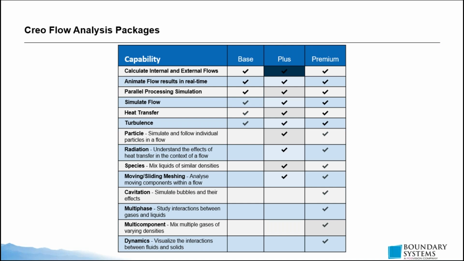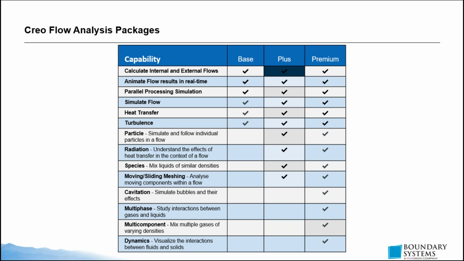A lot of customers looking for the plus are typically doing things with turbo machinery, so maybe pumps, or things where there's some rotation or some linear motion of an object that's impinging on the fluid. Creo Flow Analysis can do all of that in the plus package.